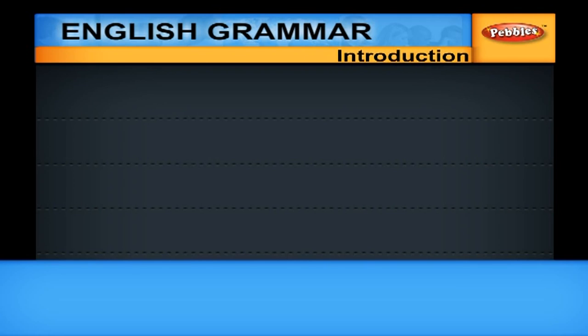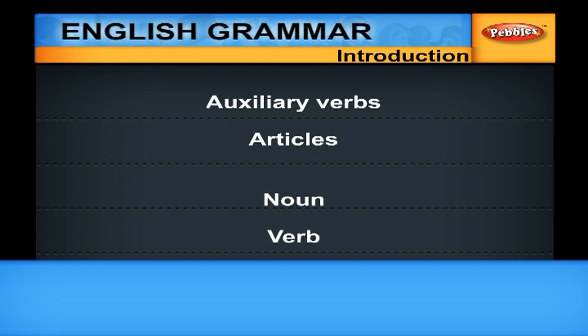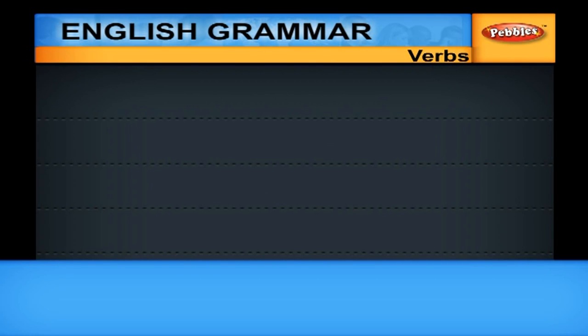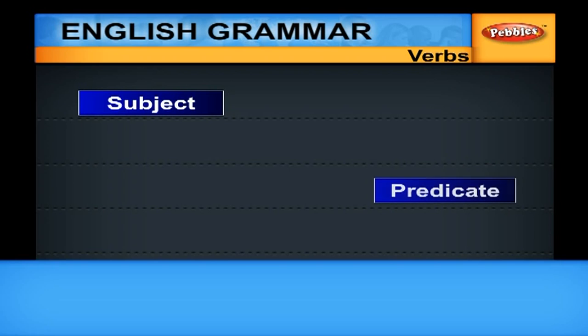To these, we add two more: one is auxiliary verbs and the other is articles. Noun and verb are the two important components of a sentence. You know that a sentence must have a subject and a predicate. The important part of the predicate is the verb. You can't have a predicate without the verb.